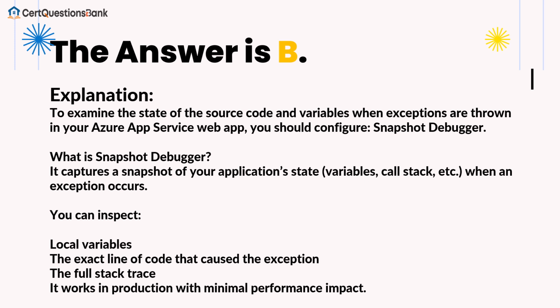It captures a snapshot of your application's state, variables, call stack, etc., when an exception occurs. You can inspect local variables, the exact line of code that caused the exception, and the full stack trace. It works in production with minimal performance impact.